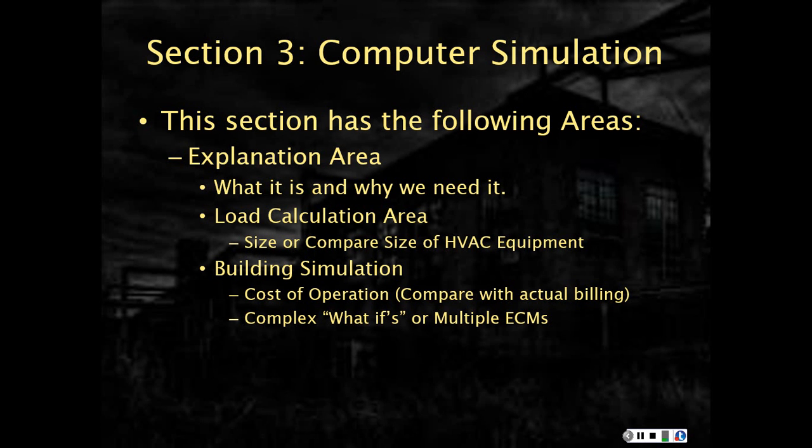And there needs to be an initial explanation of what the carrier HAP program is and why we need it. So the first paragraph in this section describes what the carrier HAP program is and why we need it.